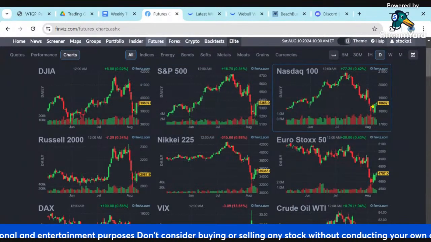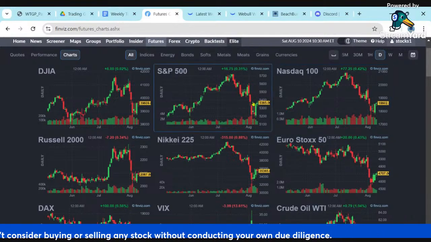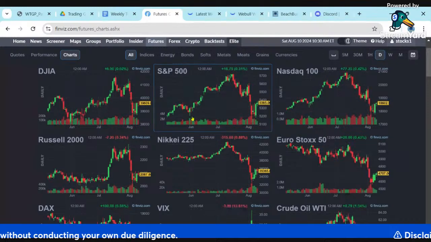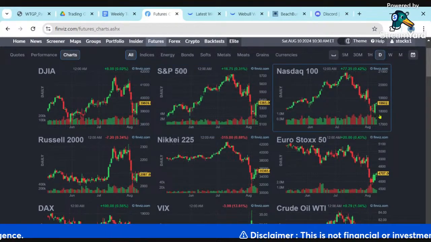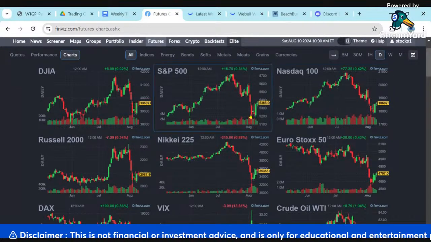So all the indices kind of bounced back, ended up pretty much flat for the week. Again, trying to fill that gap. Several of them, the S&P's got that support at 5,200. Looks like the Nasdaq around 18,000, pretty good support. So we're getting strong bounces at those levels.